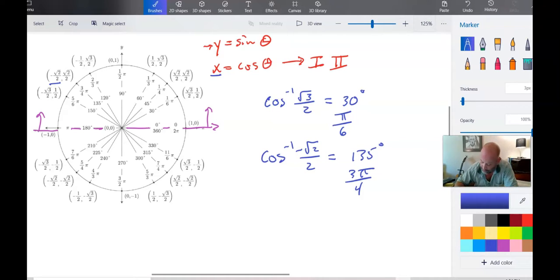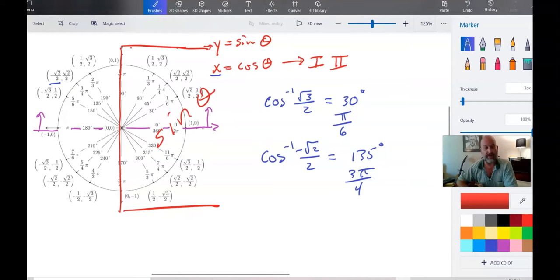What you want to remember as you go through here is that quadrants 1 and 4 over here, right? These guys are sine. This is where sine functions. It's in the right-hand side. So if you're dealing with sine inverse, this is where we deal with it.